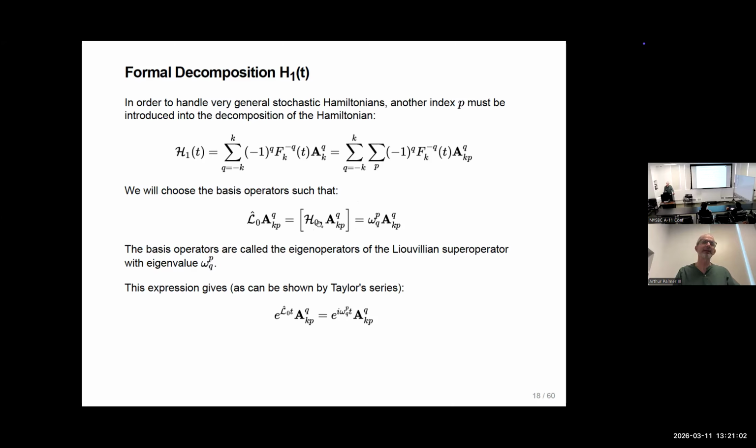That could well be. H naught here in principle contains the Zeeman, chemical shift and scalar coupling Hamiltonian. The reality is, at least in solution NMR at high field, it's just completely dominated by the Zeeman and chemical shift Hamiltonian, so the scalar coupling isn't very important.